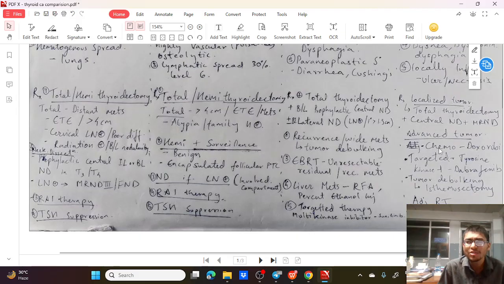In case of advanced tumor, we go for chemotherapy, that is doxorubicin, targeted therapy in the form of tyrosine kinase inhibitors like dabrafenib, and tumor debulking in the form of isthmusectomy or even total thyroidectomy as per need, and adjuvant radiotherapy. So this was about management of the anaplastic. So we can understand and see it in comparison.